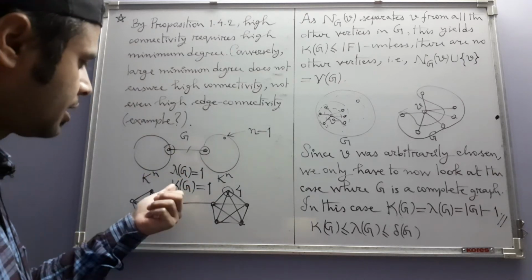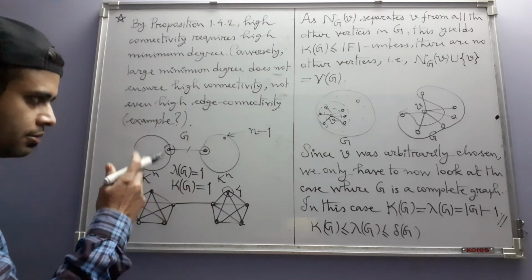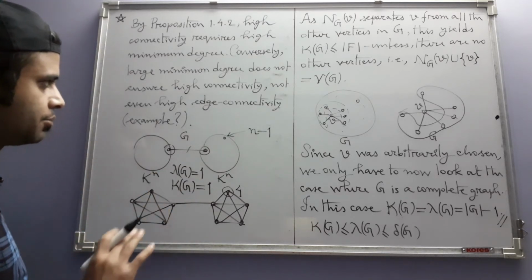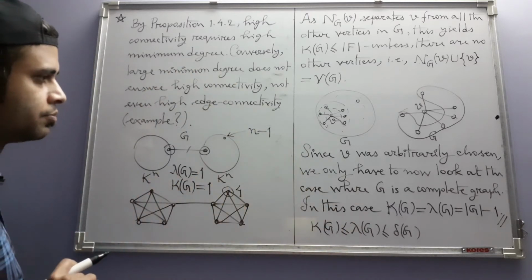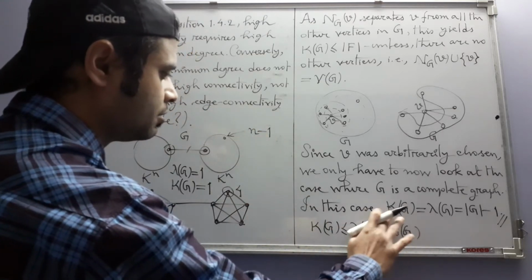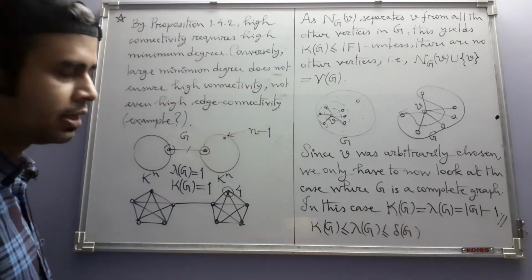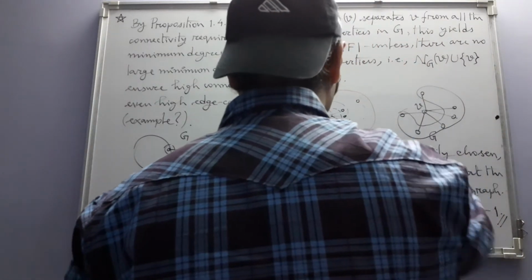So that's why connectivity is 1. So this is a class of examples that shows that the converse is not true. Converse is not true means conversely this becoming large does not say anything about the other two quantities.